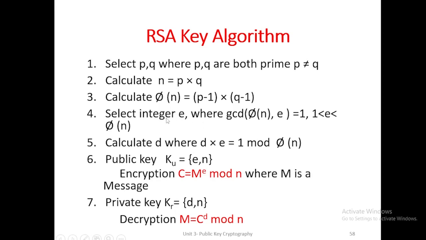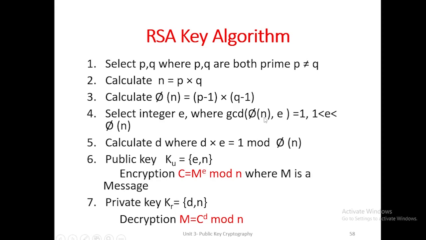And then we should select an integer value e. The range of the integer value should be greater than 1 and less than phi of n. Either they will give the public key, otherwise we should choose the public key e. The condition is that the GCD of phi of n and e should be 1, which means that e and phi of n are relatively prime.